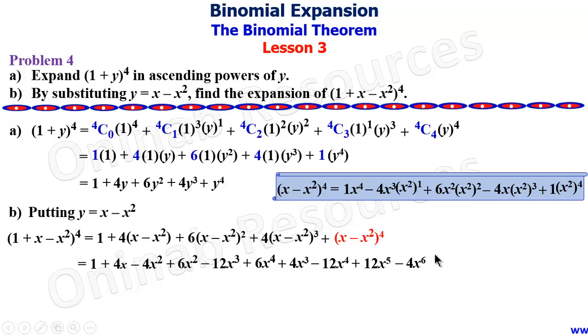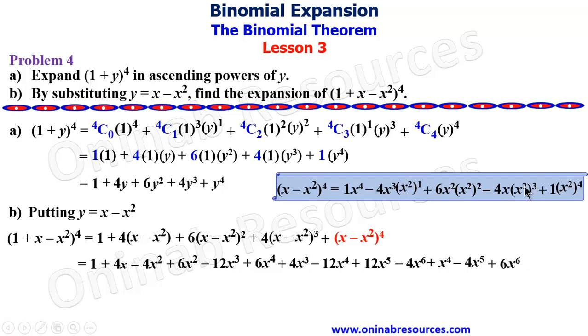Then we don't have to multiply anything. This is going to give us plus x raised to power 4. This is going to give us x raised to power 5. X raised to power 5 times negative 4 will give us negative 4x raised to power 5. This is x raised to power 4 plus 2 gives 6, so 6x raised to power 6.